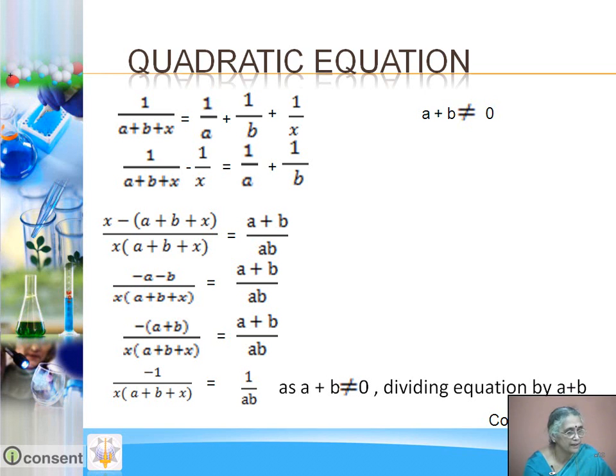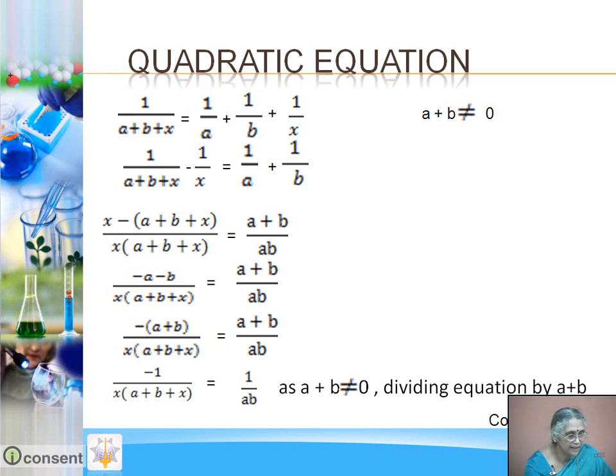So 1 upon (a plus b plus x) minus 1 upon x is equal to 1 upon a plus 1 upon b. Therefore, (x minus (a plus b plus x)) upon x into (a plus b plus x) is equal to (a plus b) upon ab.